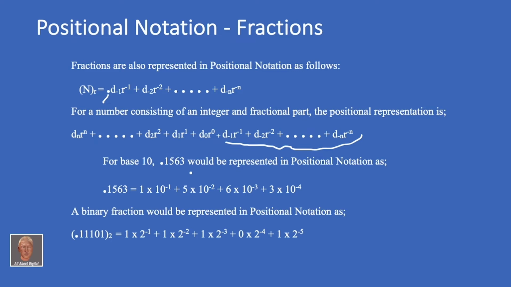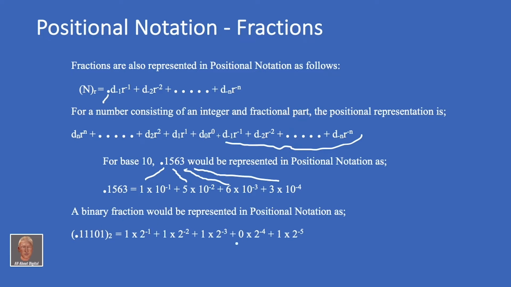For base 10, the number 0.1563 would be represented in positional notation as 0.1563 equals 1, which is the first digit here, times 10 to the minus 1, plus 5 times 10 to the minus 2, plus 6 times 10 to the minus 3, plus 3 times 10 to the minus 4.